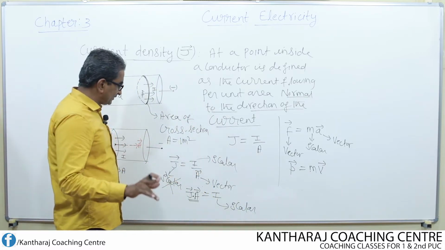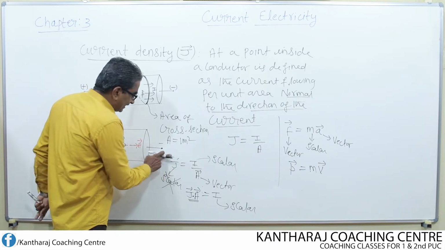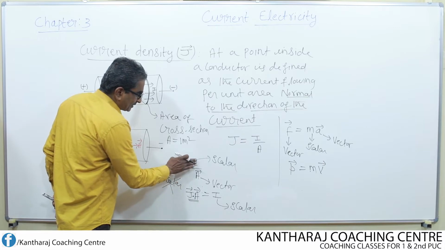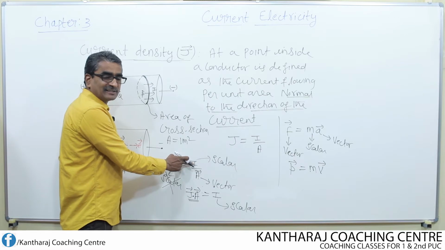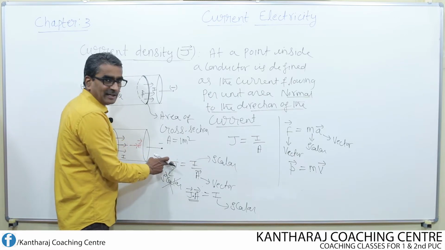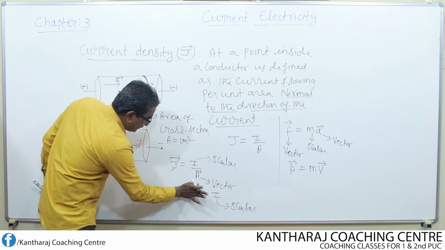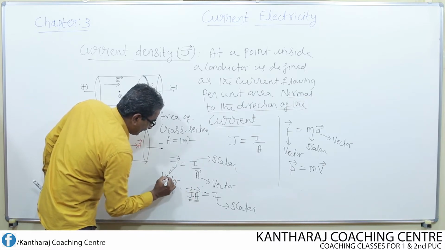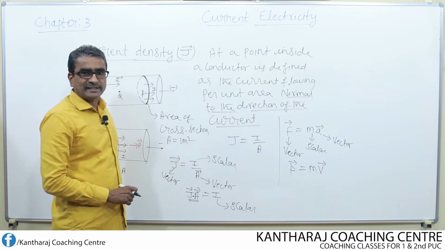So in either way we can understand this. The first thing is, if I consider J as a scalar, multiplication of a scalar by a vector must always give a vector quantity, but current remains always a scalar quantity. Therefore this cannot be a scalar, this must be a vector quantity. So this is one thing. This gives the proof to say that current density is a vector quantity.